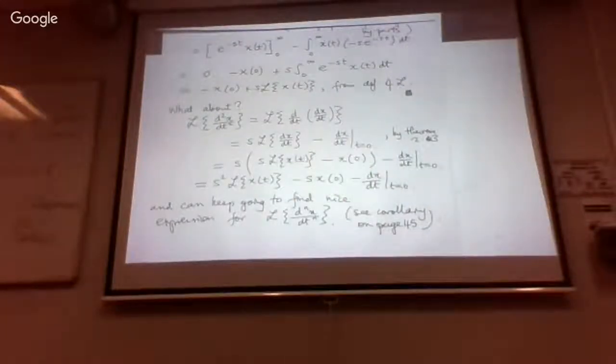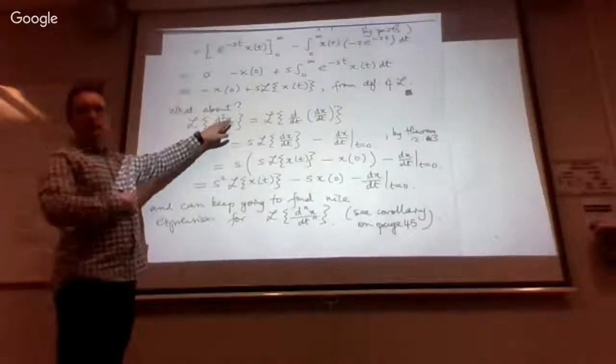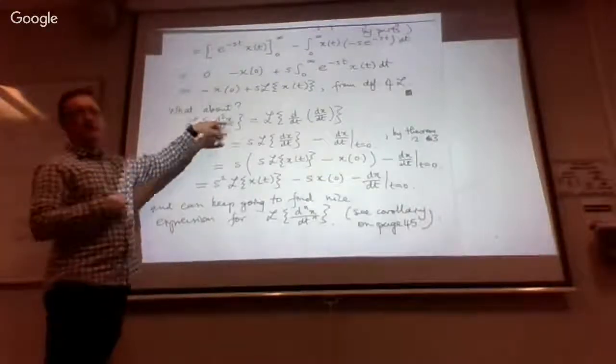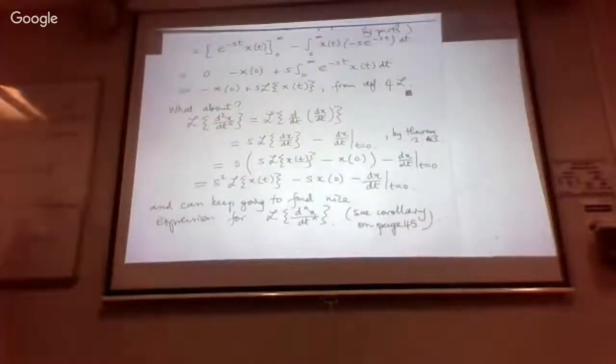So what we've seen there is a gathering together of three very important properties of the transform. It's linear, how it behaves when you multiply the objective function by t, and how it behaves when you differentiate the objective function.